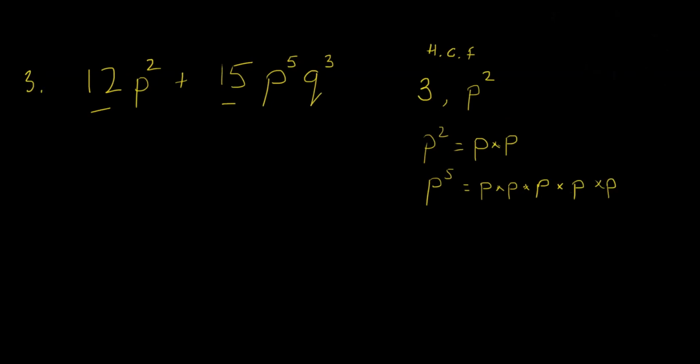Don't you have to have an operation between the two expressions? Not necessarily, because remember, p and q are just unknowns. We don't know what they are, but eventually they represent something. So p might be an integer, q might be a fraction.